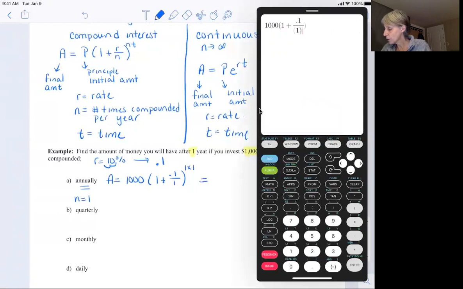I know I don't really have to do all this button pushing because this one's easy, but I just want to show you how I would do it with all the parentheses. And I would wind up with $1,100.